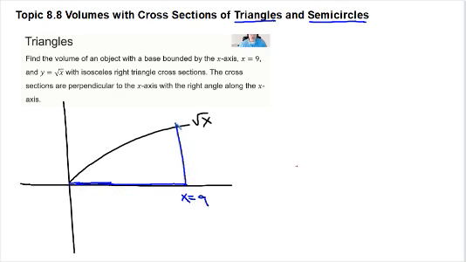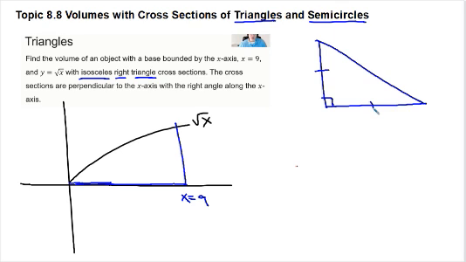Now, with isosceles right triangle cross sections. An isosceles right triangle cross section means that those two legs are the same. All right?